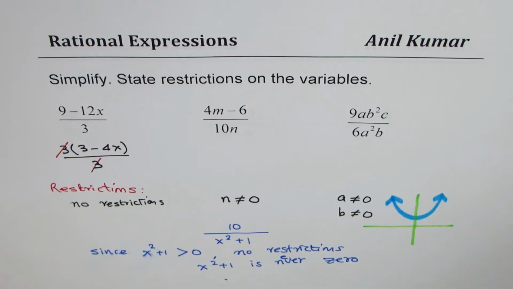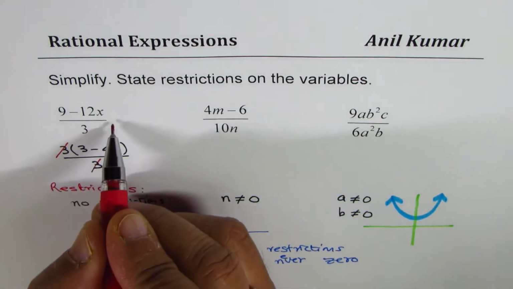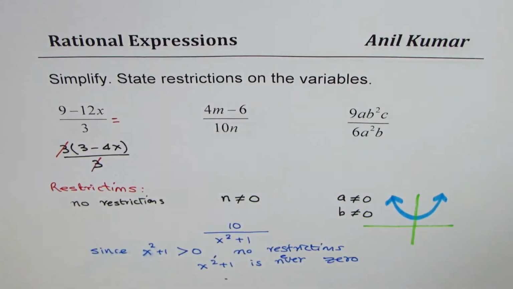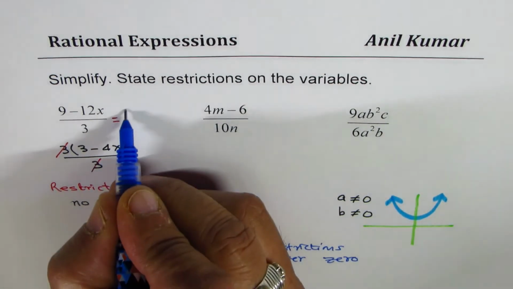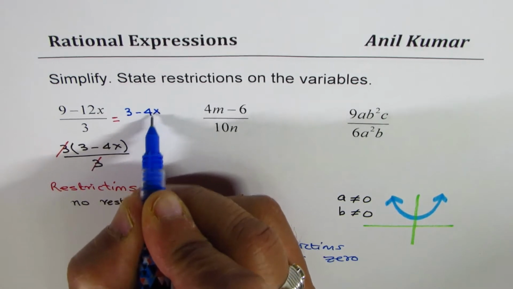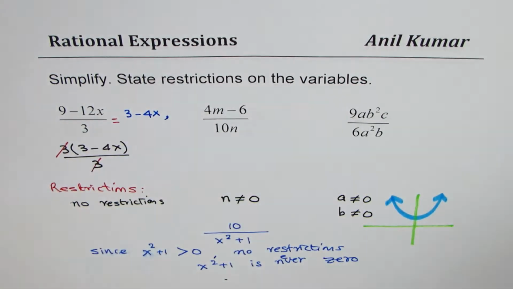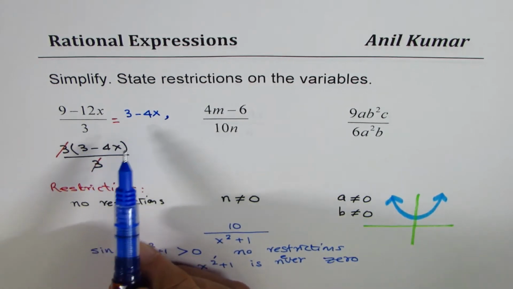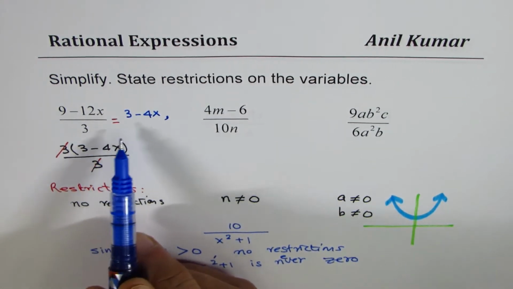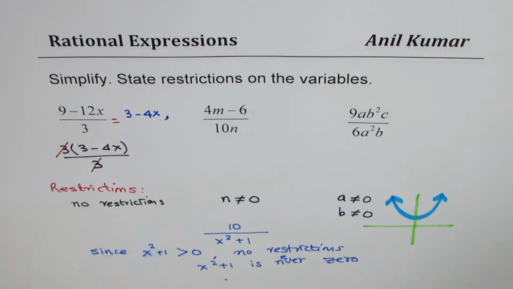Do you see that? So we could write this expression as equal to 3 minus 4x. And it's very important to state that there are no restrictions, so 3 minus 4x is an equivalent expression for the given rational expression. So you may also come across terms like equivalent expressions, okay?